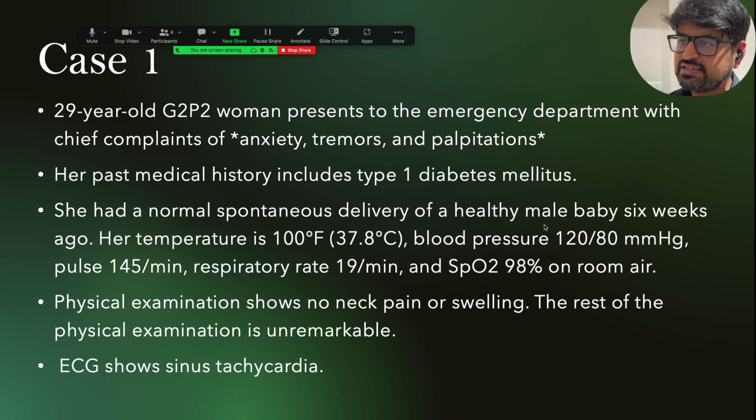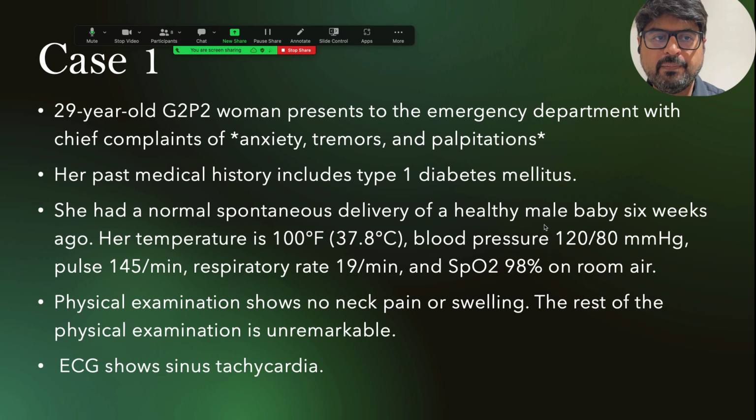Okay, let's see how AI can help in making a diagnosis. So let's take a clinical case scenario. This case is moderate in complexity, and it's dealing with a thyroid disorder. We have a 29-year-old female who presents to the emergency department with anxiety, tremors, and palpitations. She has type 1 diabetes.